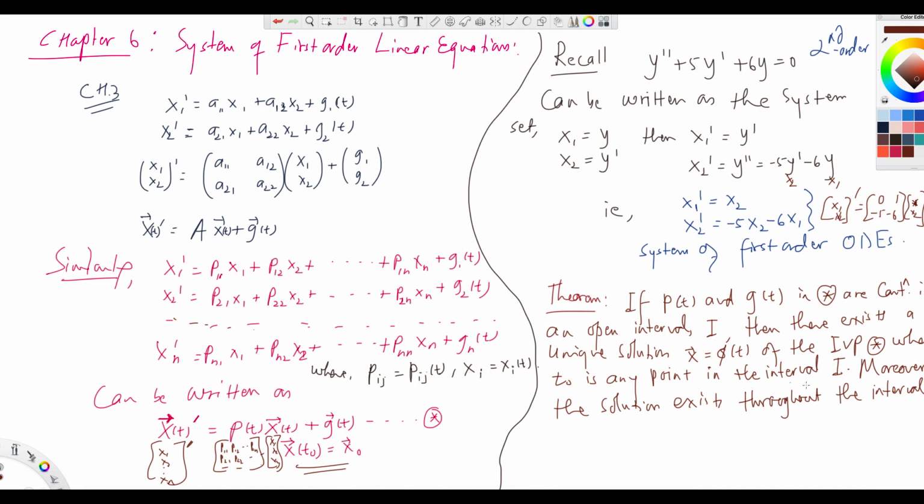Let us see the existence and uniqueness theorem for the system of ordinary differential equations. What it says is, look at this system, the one we are talking about.